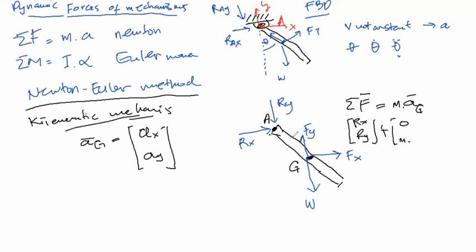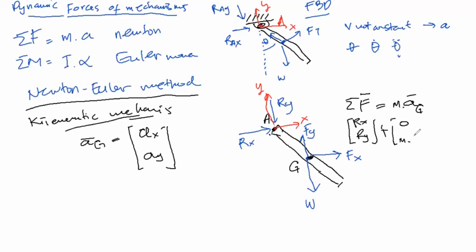So I will put it here again. Here is our X coordinate system and here is our Y coordinate system. Okay, and I will go back to the equation here.